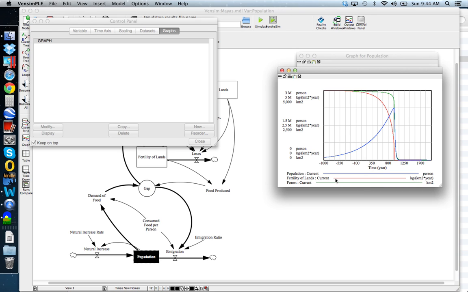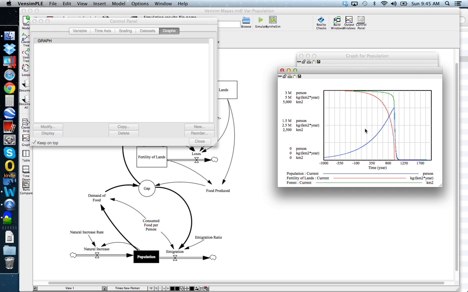The fertility of the lands, which is in red here, you can see how it collapsed, as well as the forest. So this is a nice model to explain how the Mayas essentially drove themselves to collapse by too much deforestation, even though they had their checks on deforestation.